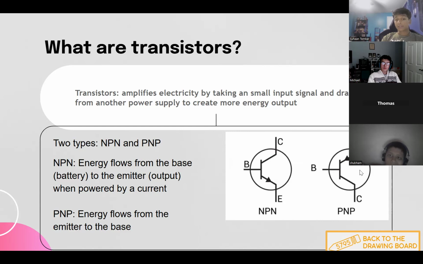The second one, PNP, is when energy flows from the emitter to the base. So basically the other way around. They're just flipped versions of each other. In the diagram, you can see where the energy is flowing through this arrow, the E being the emitter, the B being the base, and it just shows the flow of current.